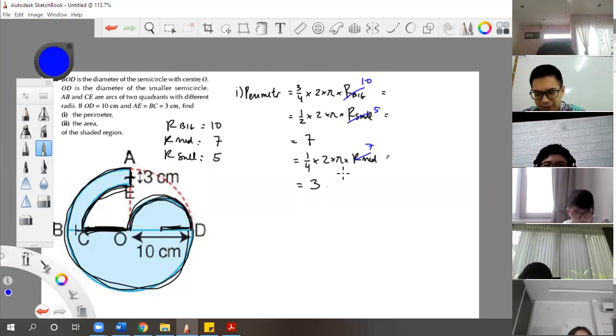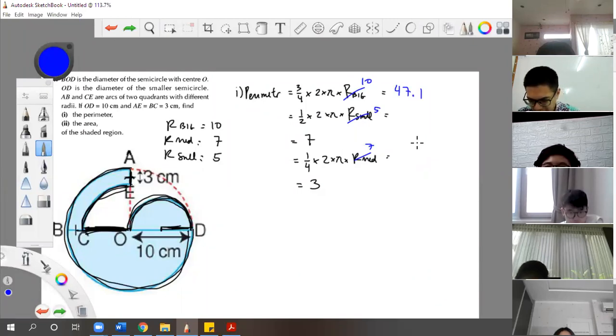So the answer is 47.1. And this will be, you can drop the 2, pi times 5. The answer is 15.7. The 7 stays 7, don't worry about it.